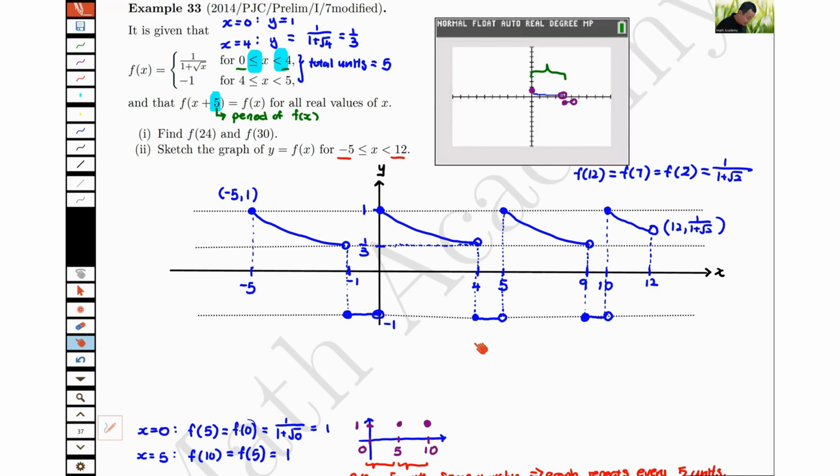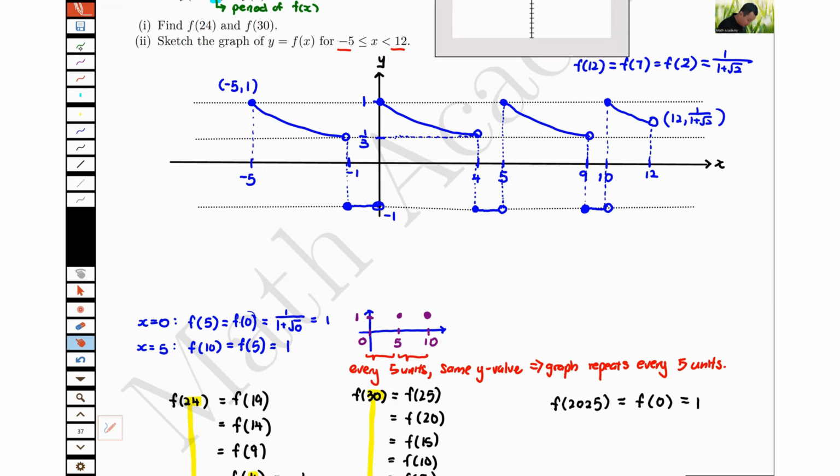Okay, we have completed the graph, but can I write you certain pointers to help you remember what are the features of the graph that you have to get it right? Okay, so the first thing you should know is for such a graph, after you draw in one section, you should draw in these guided dotted lines at the highest and lowest position.